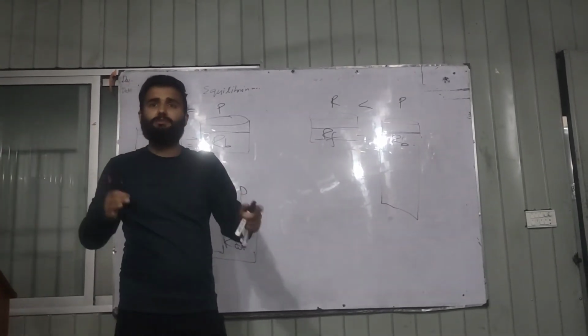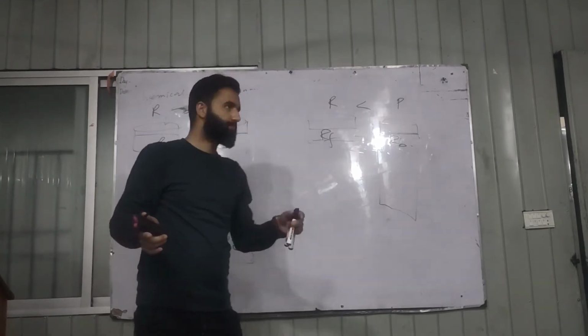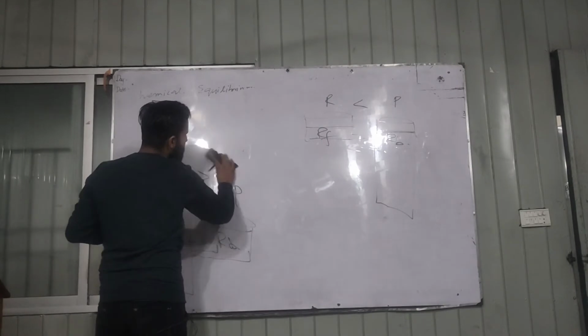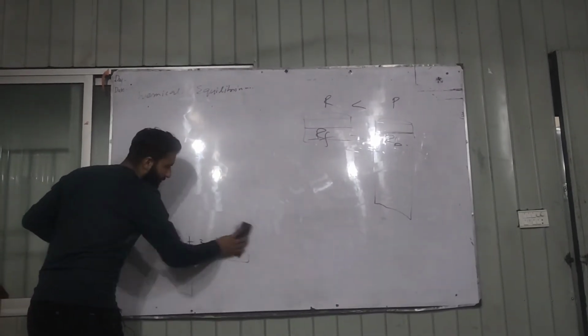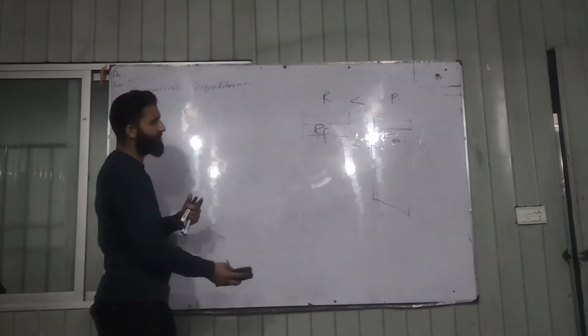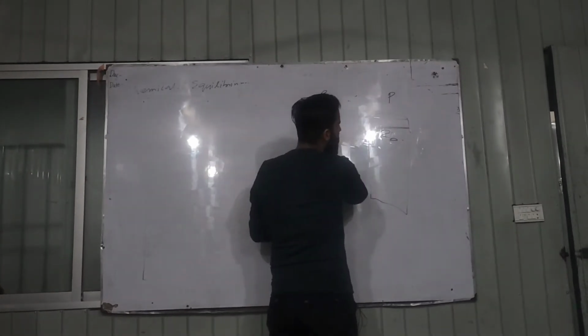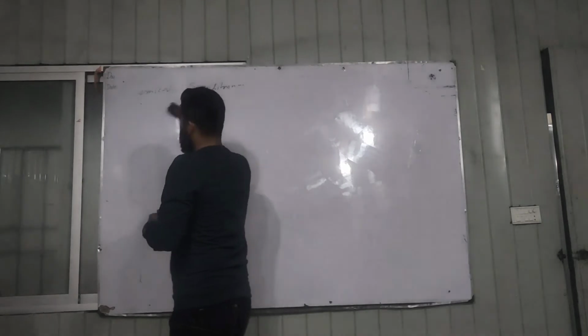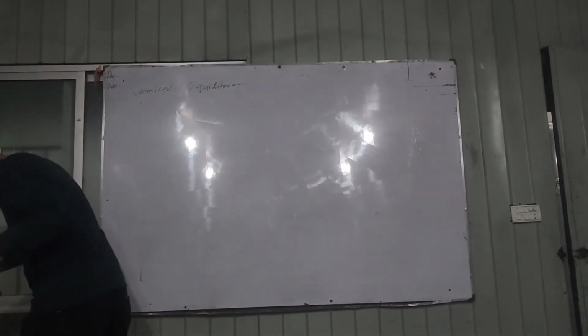It only exists in reversible reactions. Clear? Now come back to the definitions and characteristics of chemical equilibrium, and I will also explain how chemical equilibrium is established.